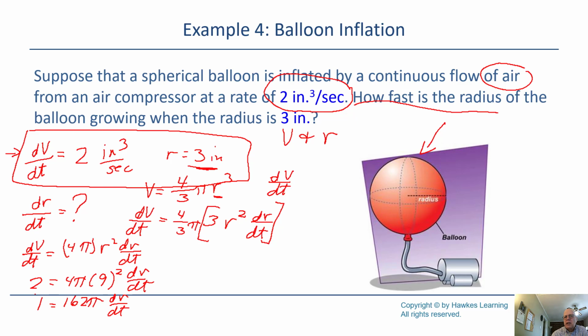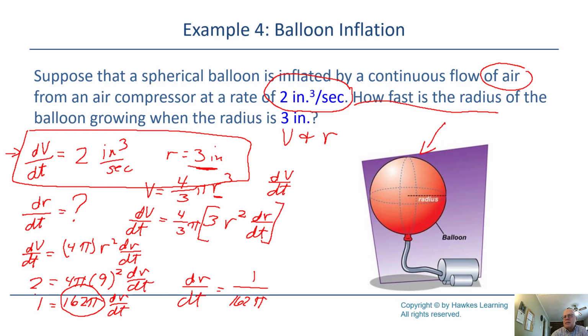Solve for dr/dt. Divide both sides by 162 pi. dr/dt equals 1 over 162 pi.